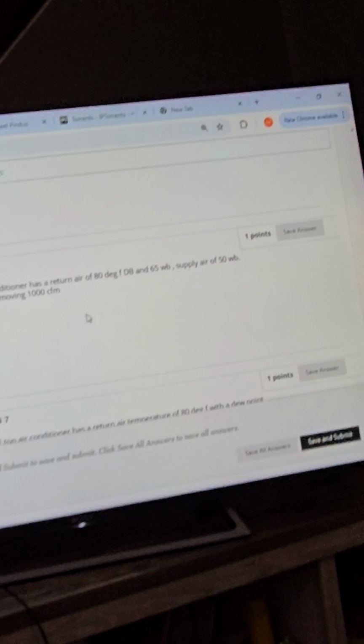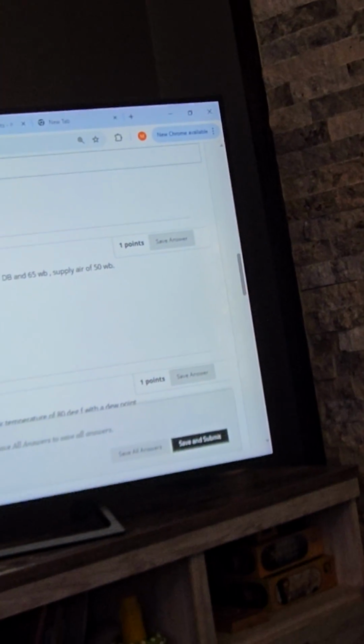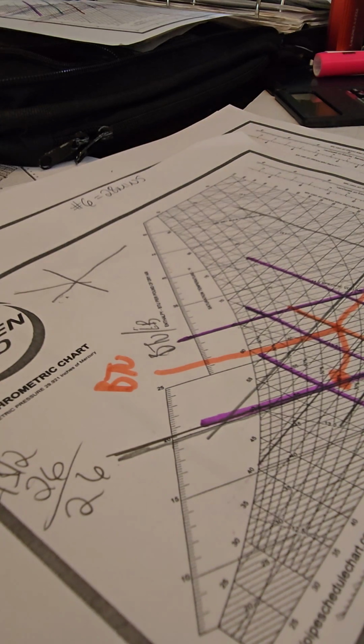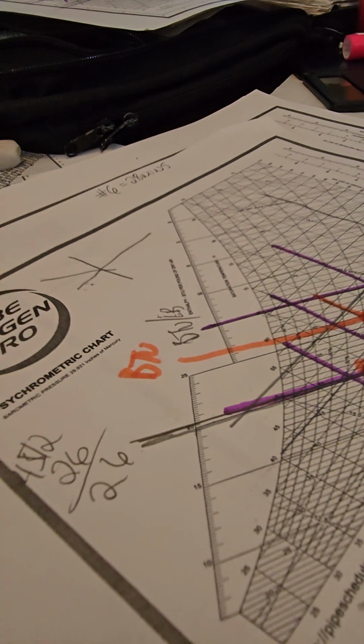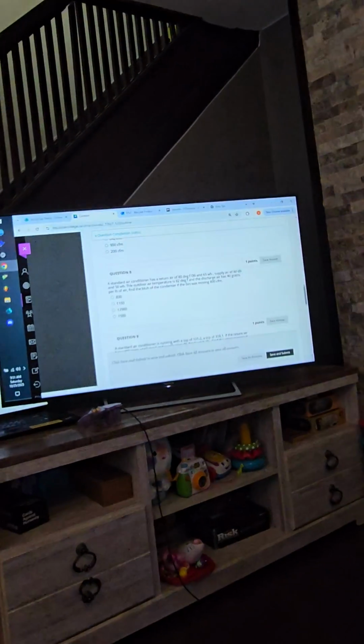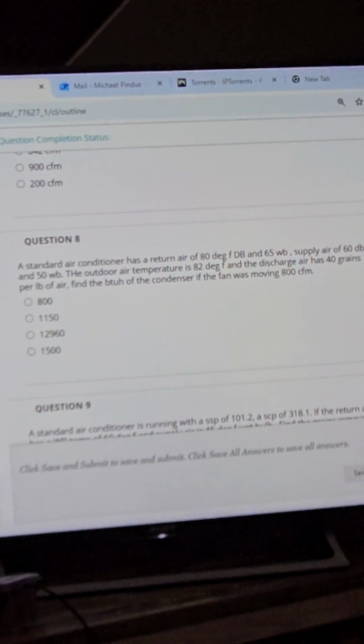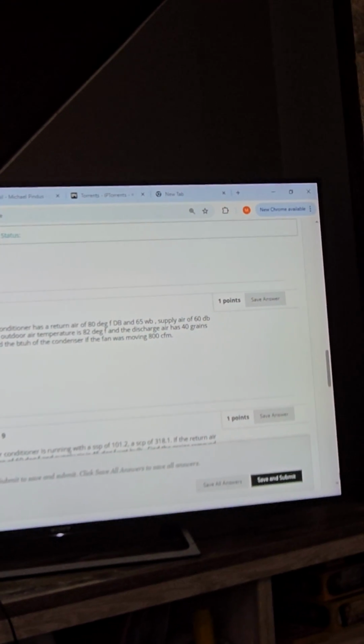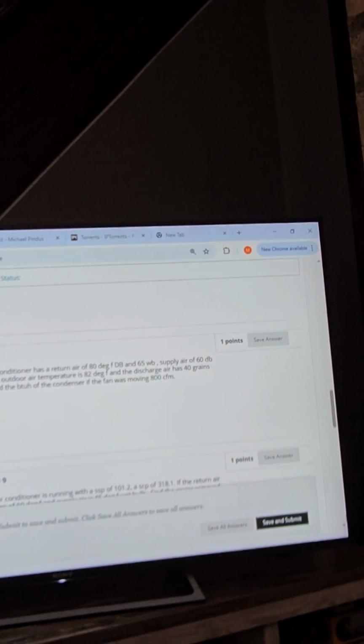Question 6. Okay, new color. A standard air conditioner has a return air of 80 degree dry bulb, 65 wet bulb, supply is 60 dry bulb, 50 wet bulb.